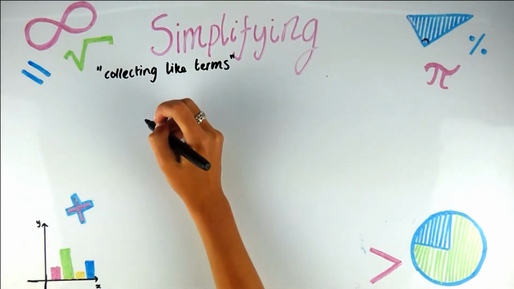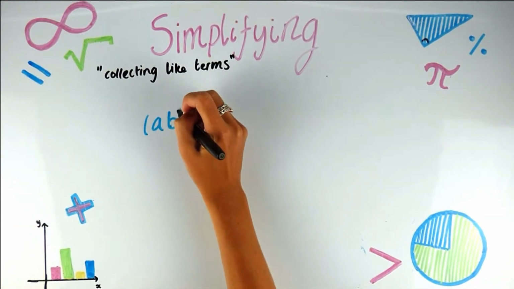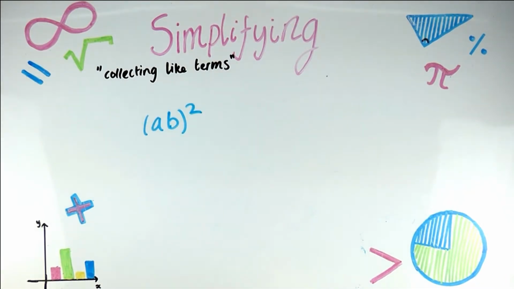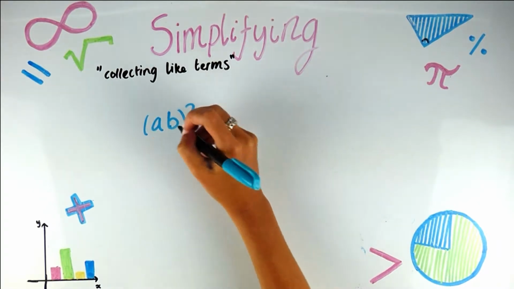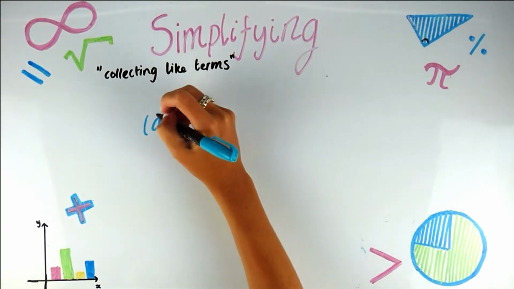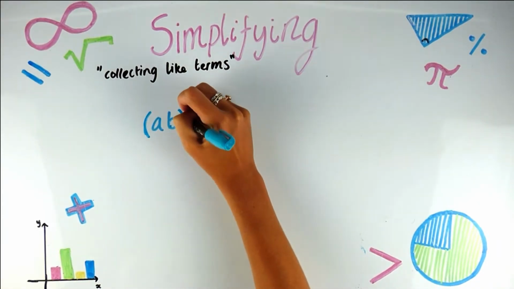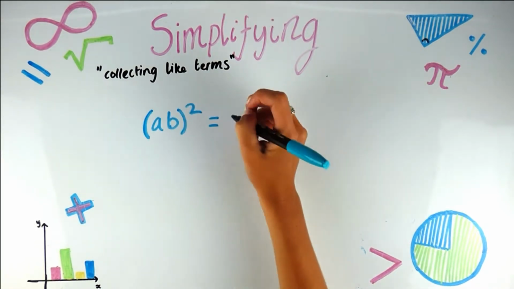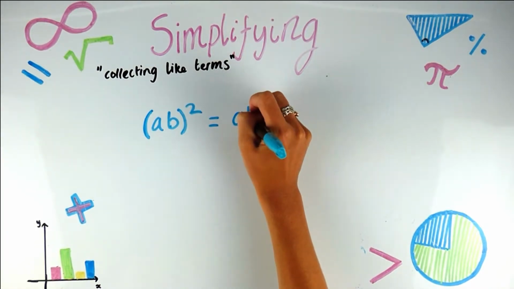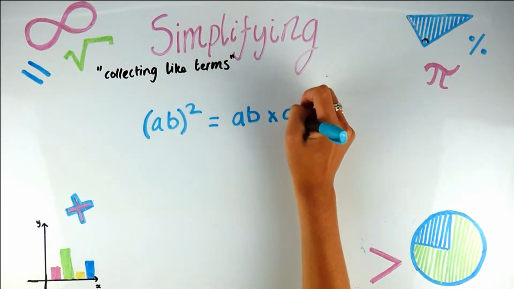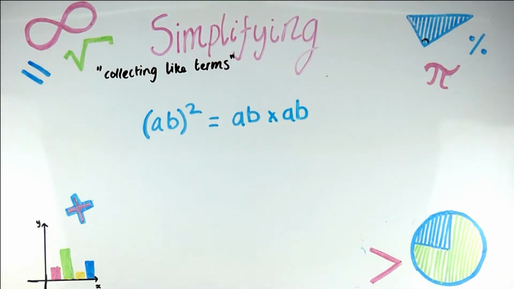Okay, let's clear some room. So what if we had this? We know that something squared is that thing multiplied by itself. So what are we squaring? Because this bracket is around the whole thing, it means we're squaring AB. So we could write this as AB multiplied by itself, AB.